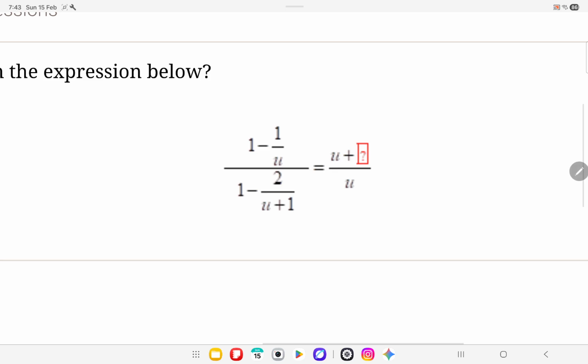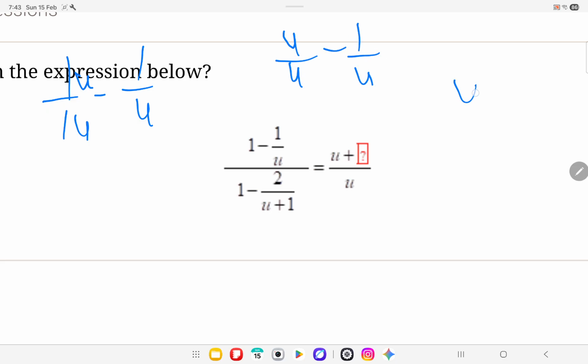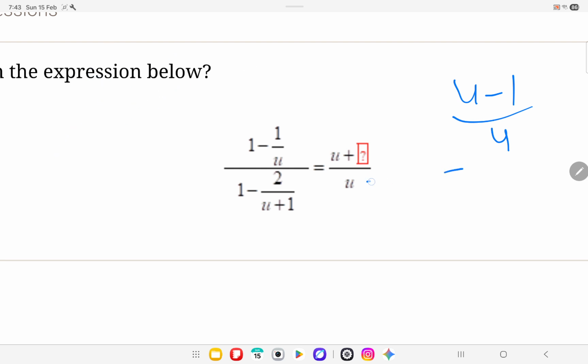That's it. This quiz is so long. Yallah. Here we do the same thing. Do 1 over 1 minus 1 over u. We have to make the denominators the same, so times u times u. So it'll be u over u minus 1 over u, which is u minus 1 over u. Now we have all of this over 1 over 1 minus 2 over u plus 1.